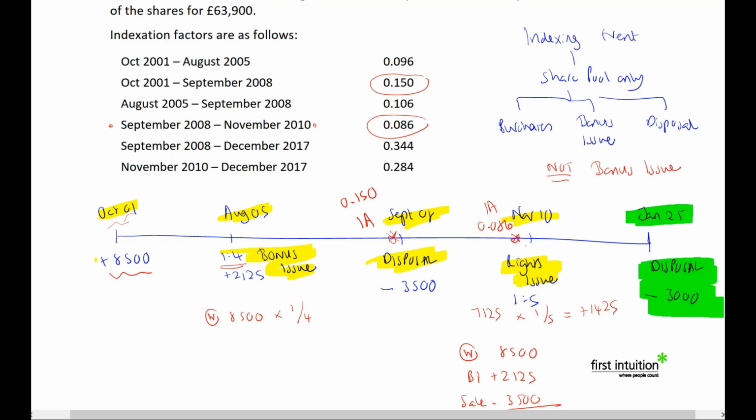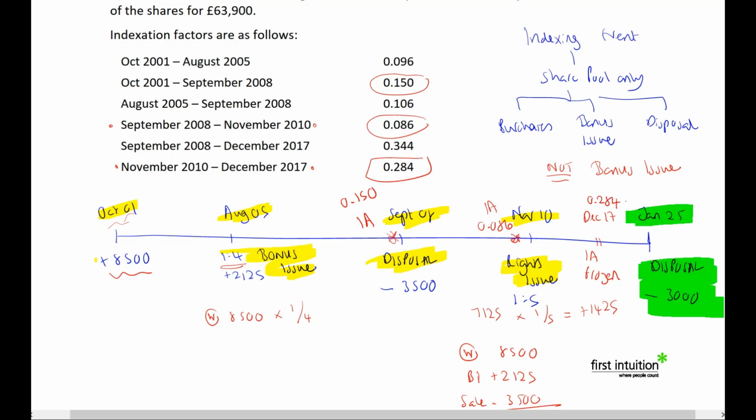And then move along again. January 25, the disposal happens, but before I get to that, December 2017, indexation was frozen. So I can't index beyond that point. So I'm going to index from November 2010, which is where I last indexed to, until December 17. November 10, December 17.